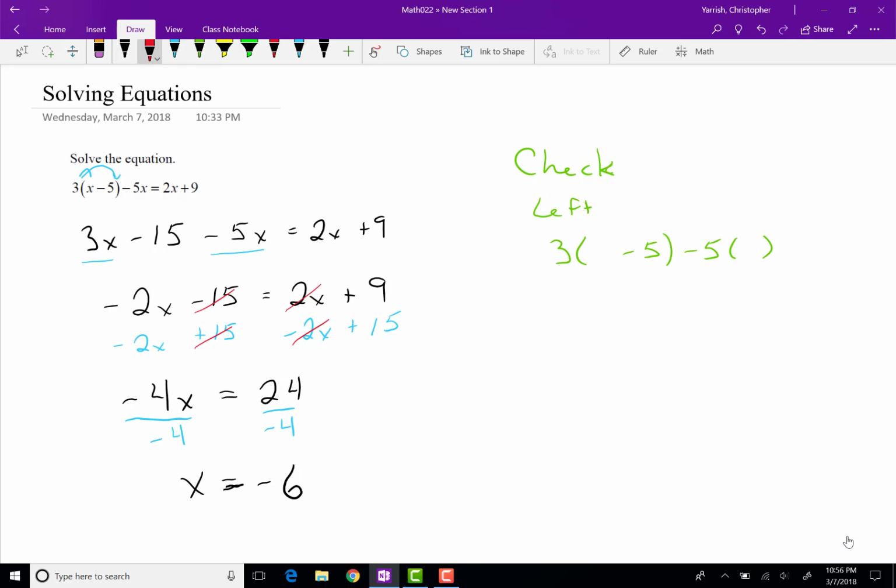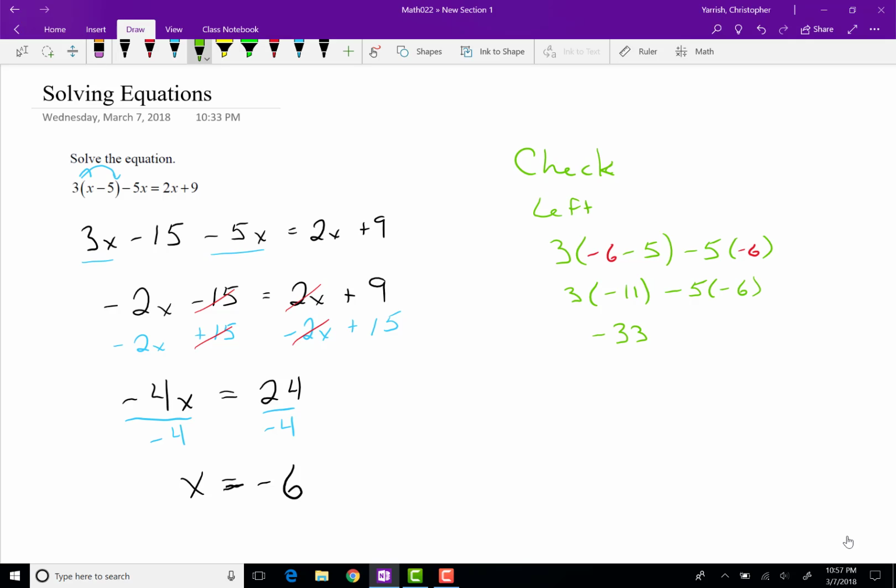Notice I'm going to plug negative 6 in here and see what I get. So we have to make sure we're comfortable evaluating these things. I'll do everything in my parentheses first. Now I'll take care of my multiplication. That's a negative 33 when I do 3 times a negative 11.